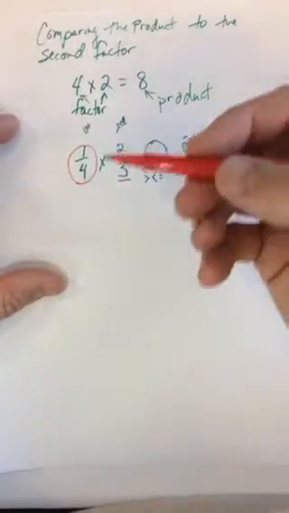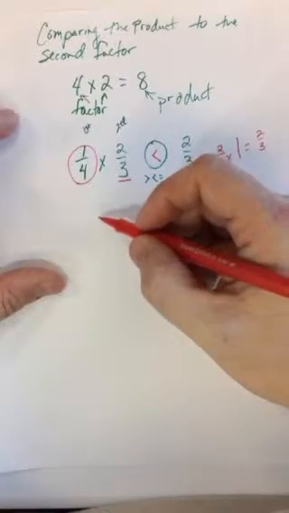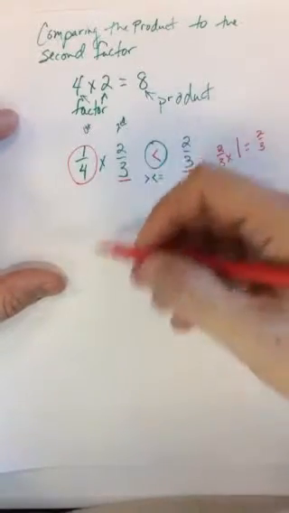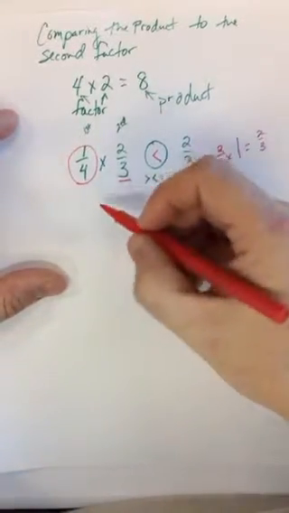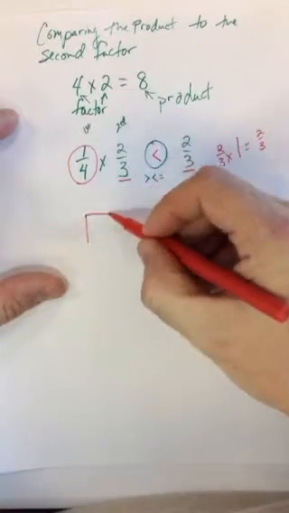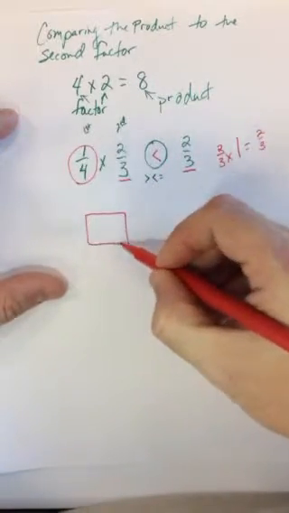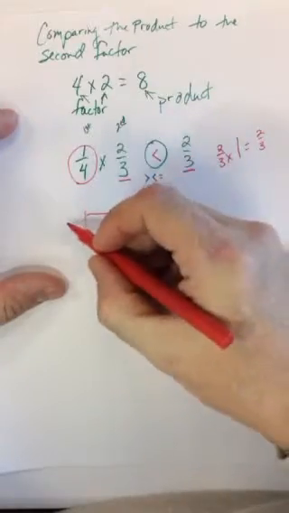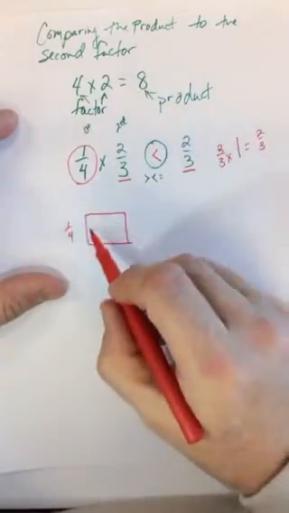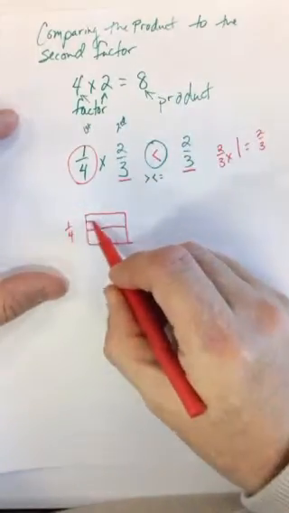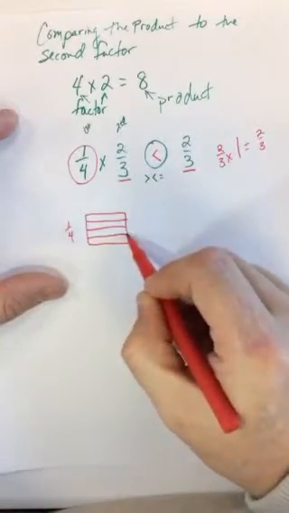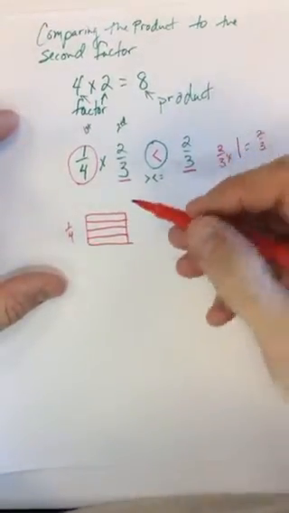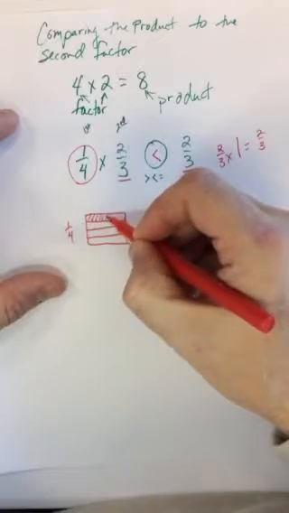And I will use the area model again just to show you how that works in actual problem solving. So I'm going to draw a rectangle down here. I am going to take my 1/4. I'm going to divide this rectangle into fourths, and I'm going to shade in one of them because I have 1/4 shaded here.